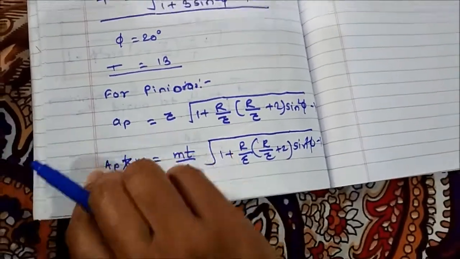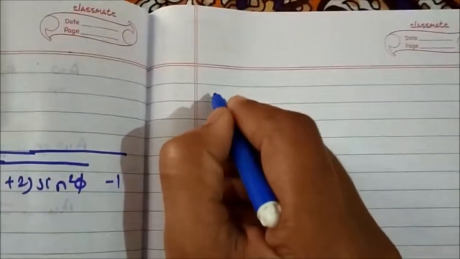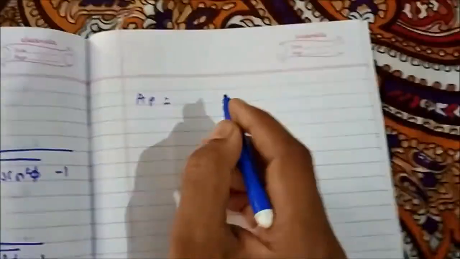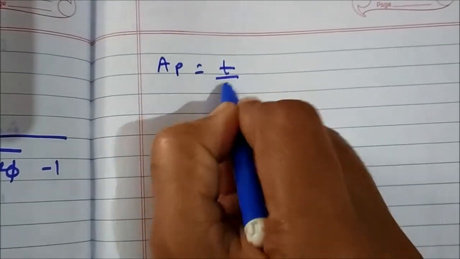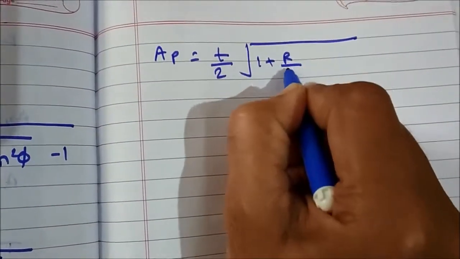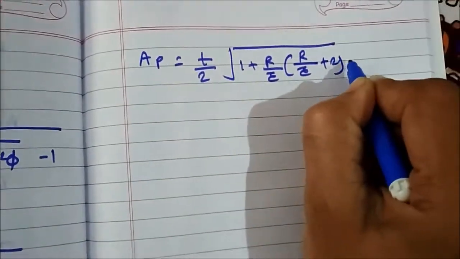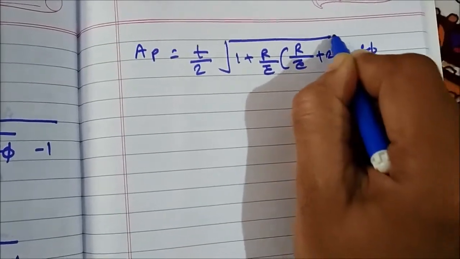Okay, again m gets cancelled. So what remains is AP is equal to t by 2 under root of 1 plus capital R upon r plus 2 sine square phi outside the root, minus 1.